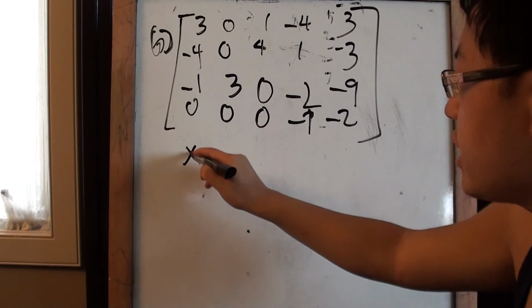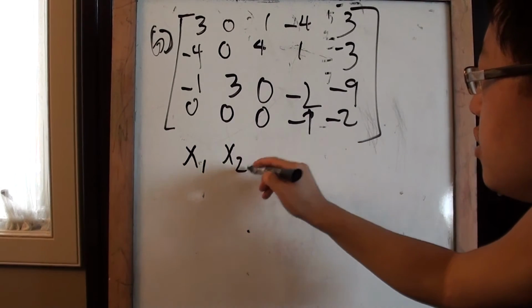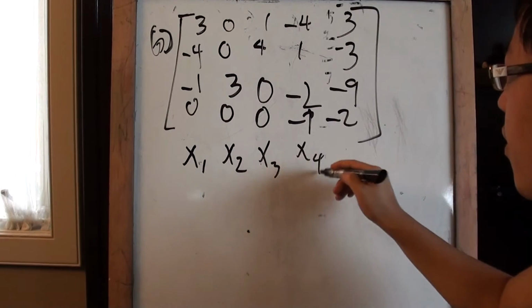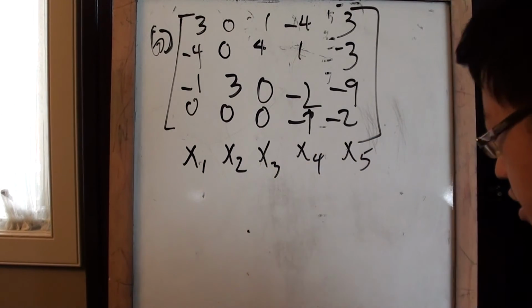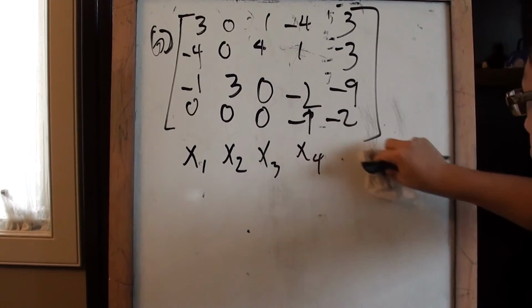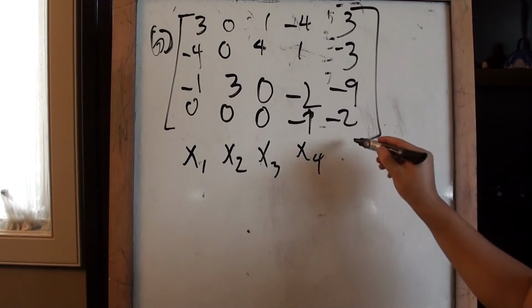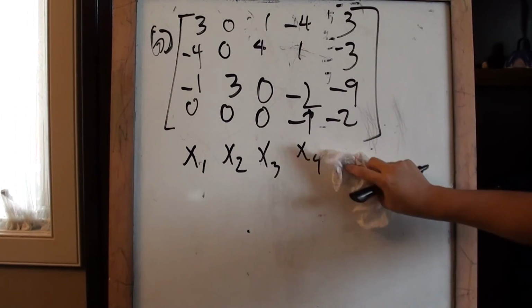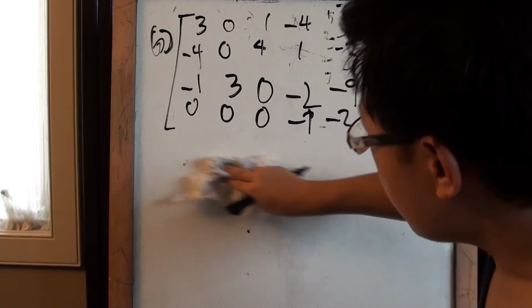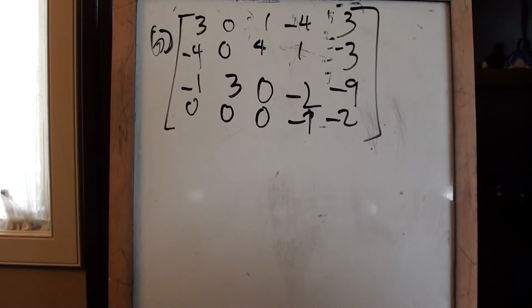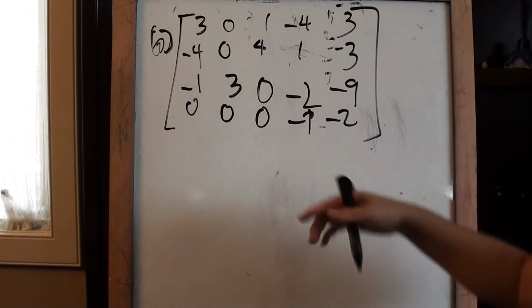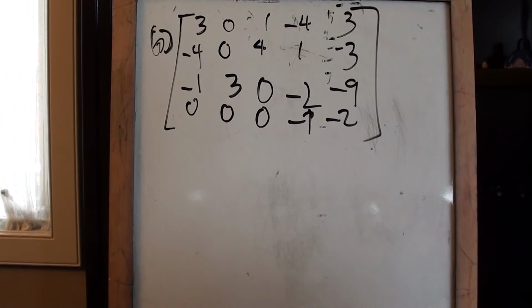We just say x1, x2, x3, x4, and x5. Or just leave it as a constant. So you would see that it really doesn't matter what you choose, whatever works simpler for you, right? Even if it's just x, y, and z, if you prefer x1, x2, x3 because you want to keep it consistent, it doesn't really matter, right?